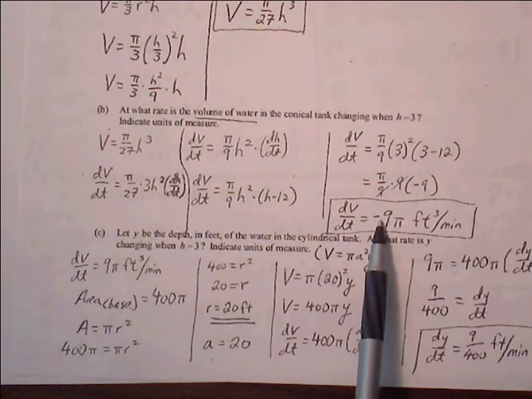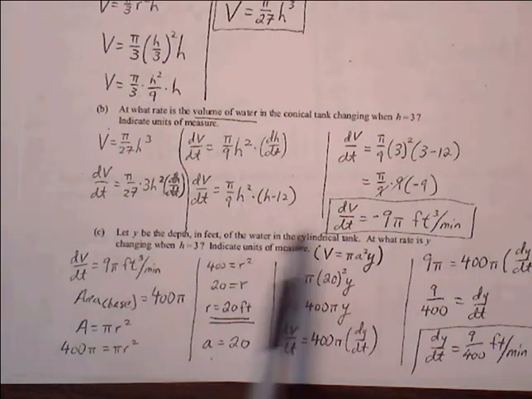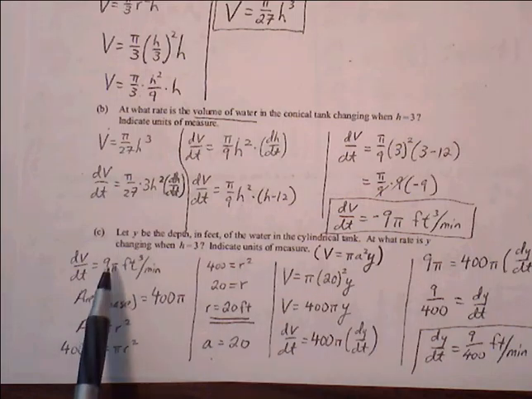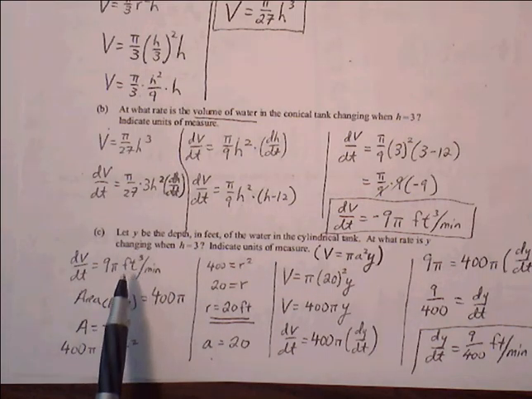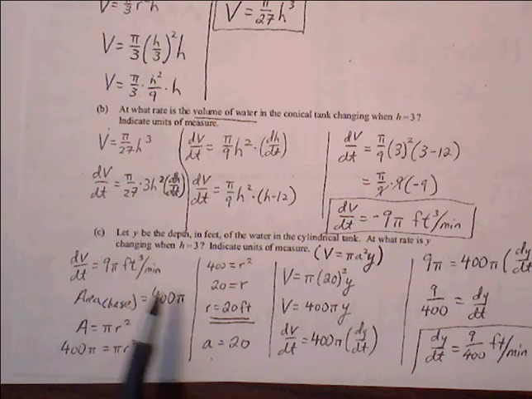So that's why there's a change from a negative dV/dt to a positive dV/dt. We're talking about rate of change of volume for different containers. In this case, a positive rate of change of volume since the water level is going to be increasing in our cylinder.